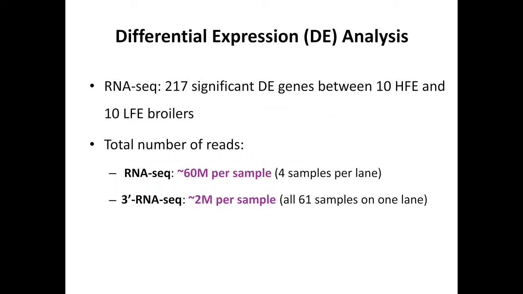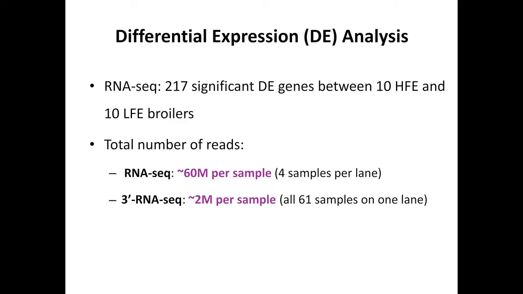So in this part of my presentation, I will talk about the differential expression analysis, because we had both RNA-seq and 3' RNA-seq data. We can compare RNA-seq with 3' RNA-seq. From RNA-seq, we found 217 significant DE genes, differentially expressed genes, between 10 high P deficiency and 10 low P deficiency broilers. These are meat-type chickens.